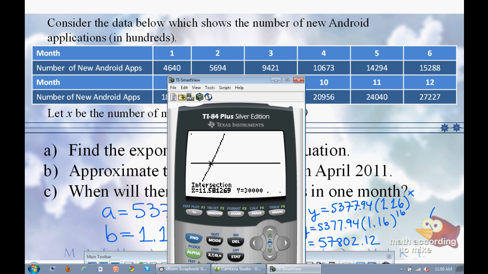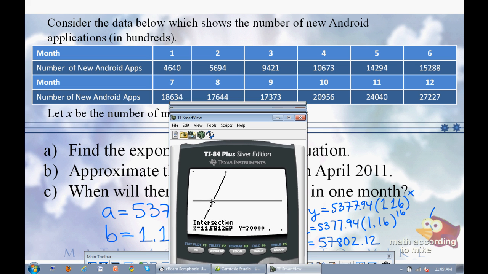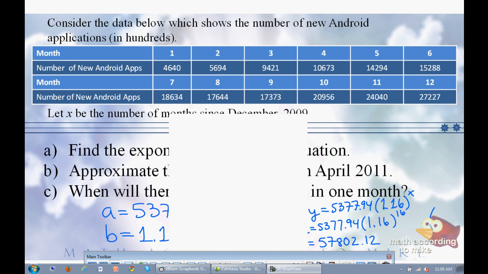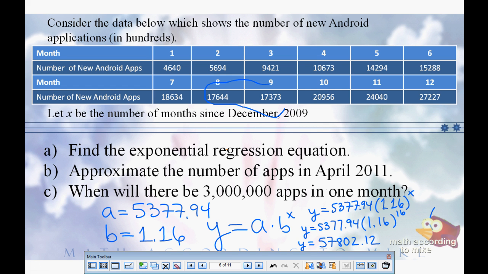The reason being is our regression equation isn't the best. It's trying to fit in these values right here, which do not fit the pattern anymore. It should have gone from 18,000, 19,000, 20,000. It should have increased, but it dipped there. So because it dipped, the equation's off. And because the equation's off, our approximations are off.